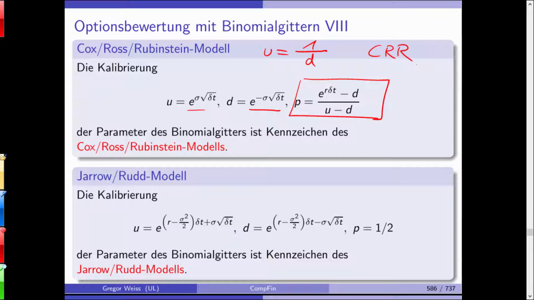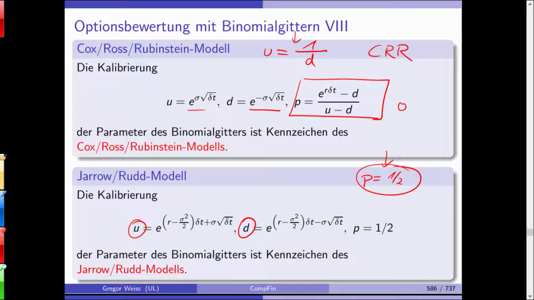This is the most famous case, I would guess, and the most famous example of a binomial lattice process for option pricing. You could also argue, okay, let's just use 50%, 1/2 probability. Then you're not setting this, but you're setting this. And if you set this, you will get slightly different U's and D's.